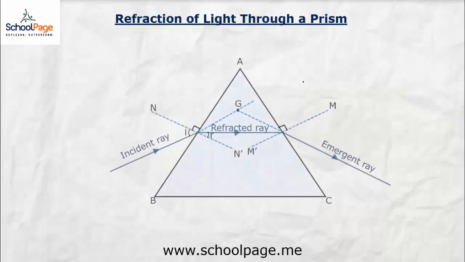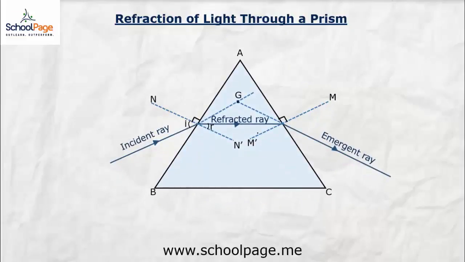So this is a ray diagram for refraction of light through a prism. When a ray of light passes through a glass prism, refraction of light occurs. So this is an incident ray. We know that a prism is made up of glass, which is a denser medium.